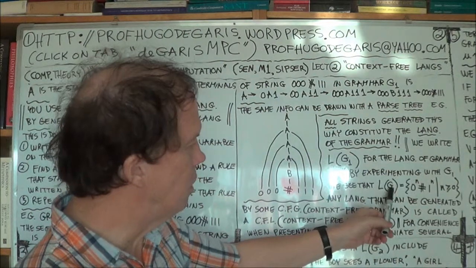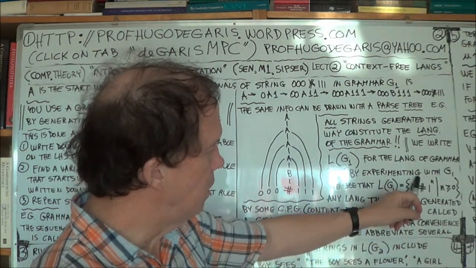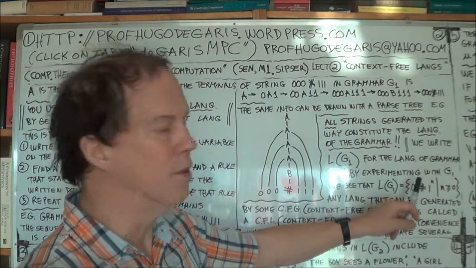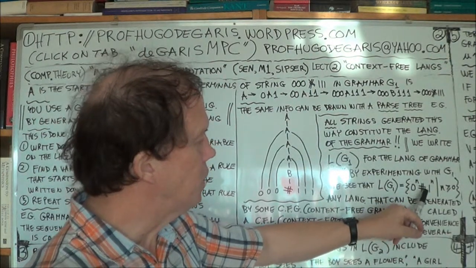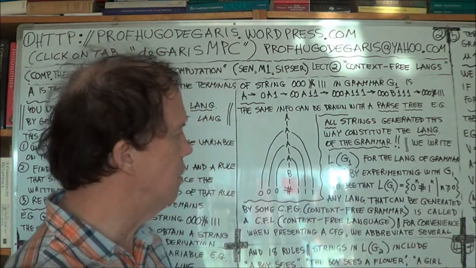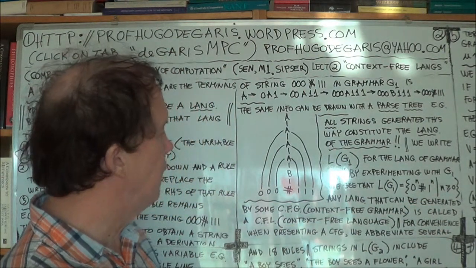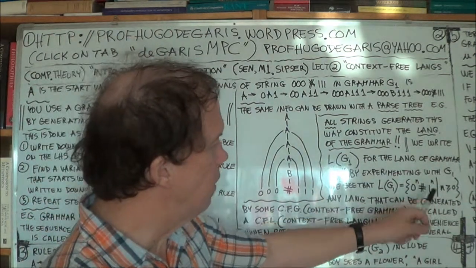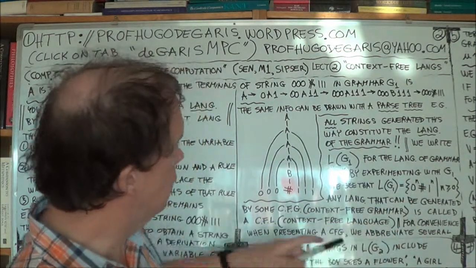So this language, L of G1, will be 0 to the n, that just means a string of n zeros, right? Hash 1 to the n. And n can be greater or equal to 0. Why is that? If n is 0, this is the empty string, that's the empty string.